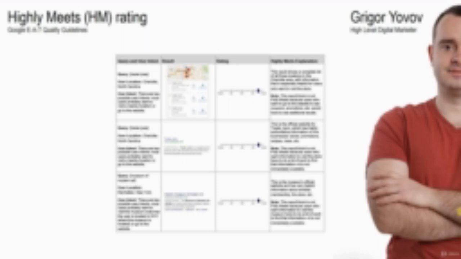You can get the breaking news on the topic or something like this. In order to receive a highly meets rating, information pages such as encyclopedia articles and news articles must be accurate and highly credible. Highly meets medical and specific information pages must represent well-established scientific or medical consensus unless the user is clearly seeking an alternative viewpoint.